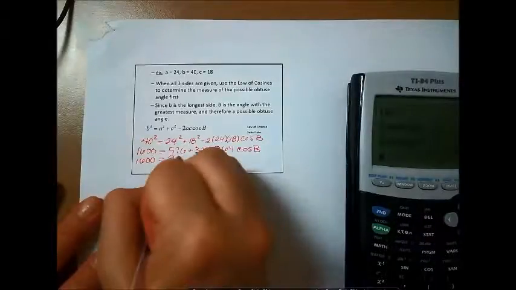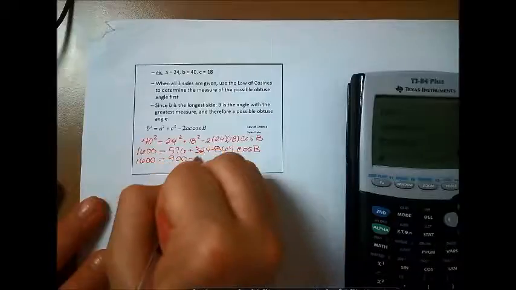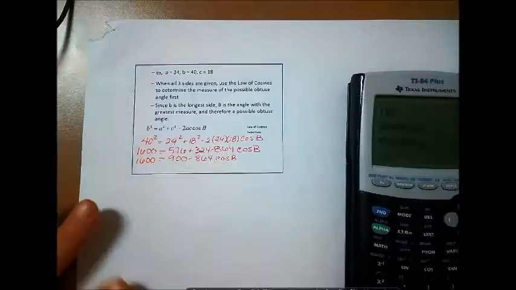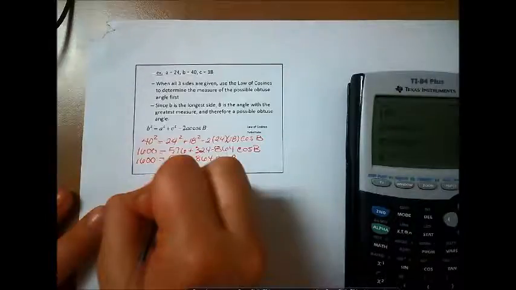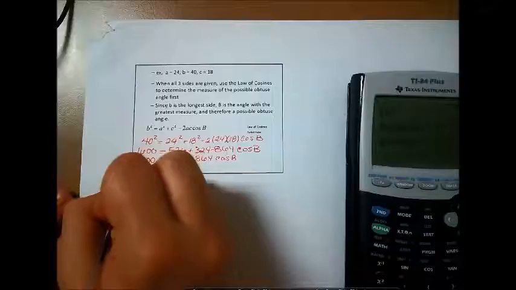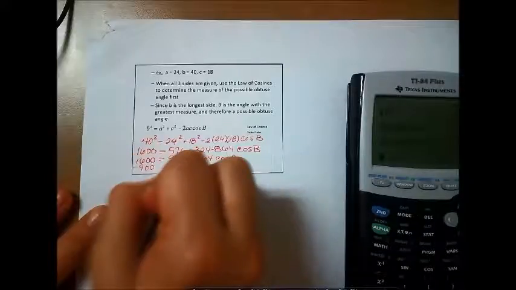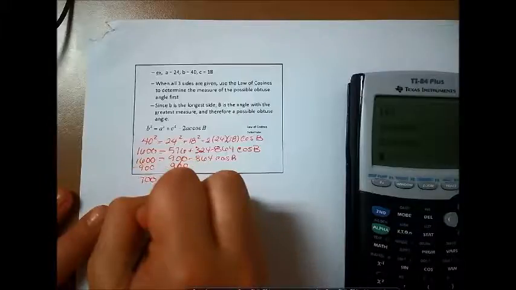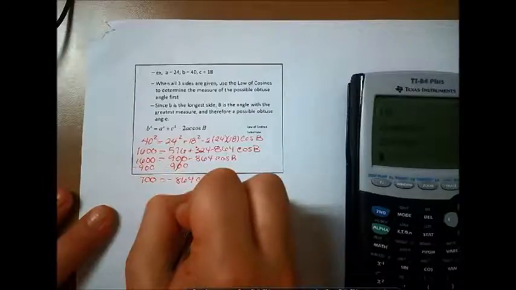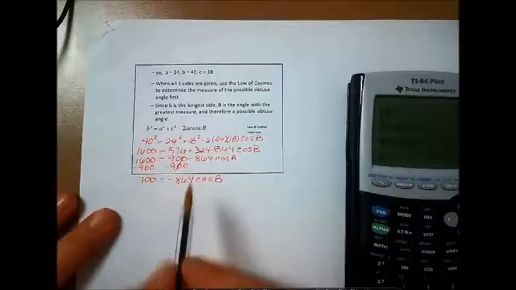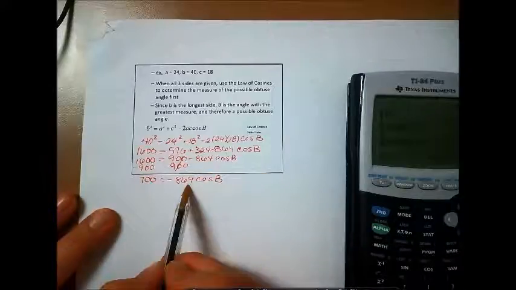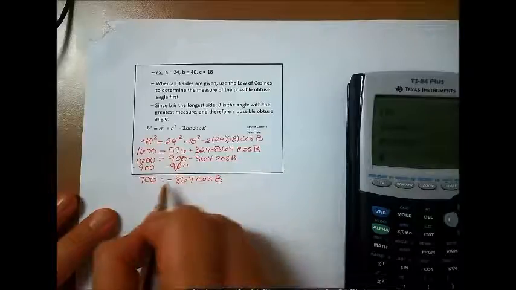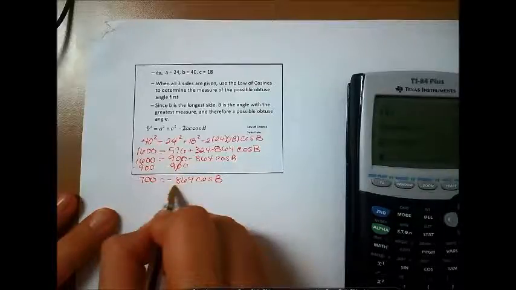And this one, it's a good thing we've got lots of paper. So next, we're going to subtract the 900 because we want that cosine B all by itself. Those cancel. We end up with 700 equals negative 864 cosine B. Then, finally, it's just our number and the cosine B. And these are multiplying, so you can divide by negative 864.